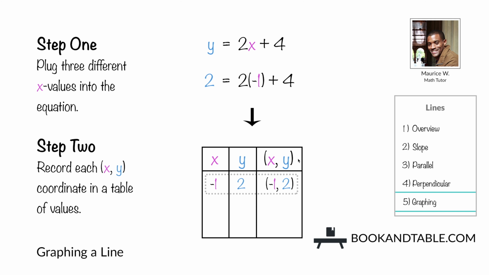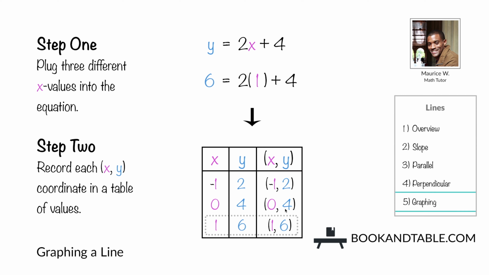So we record that in our table, and we do this a total of 3 times. The second time, instead of -1 being plugged in for x, we have 0. 2 times 0 is 0. 0 plus 4 gives you a y value of 4. So in our table, we have 0 for x and 4 for y, giving us an xy coordinate of 0, 4.